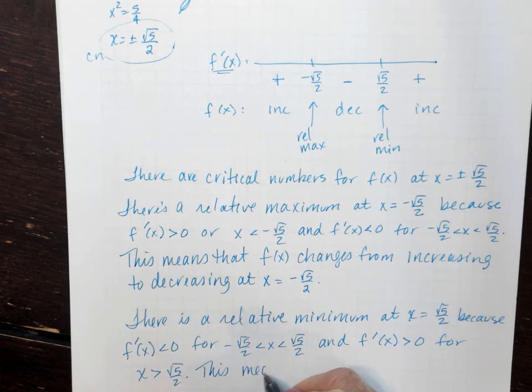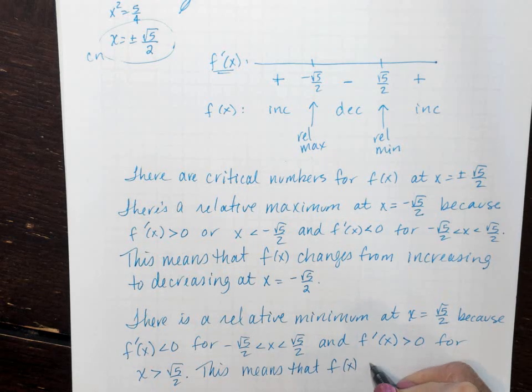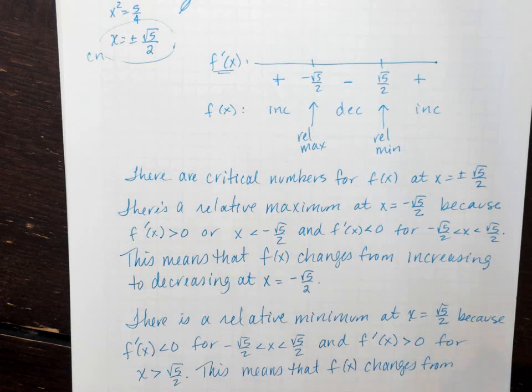This means that f of x changes from decreasing to increasing at x equals square root 5 over 2.